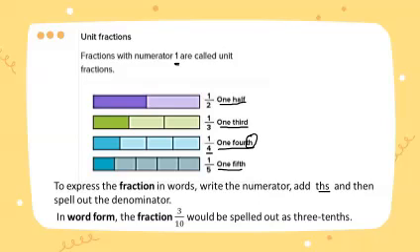Every time, in the denominator you have to add THS. So if you have 3 over 10, how can you say this fraction? It's actually 3, which is the numerator, tenths. So you add THS to the 10 to indicate that this is the denominator.